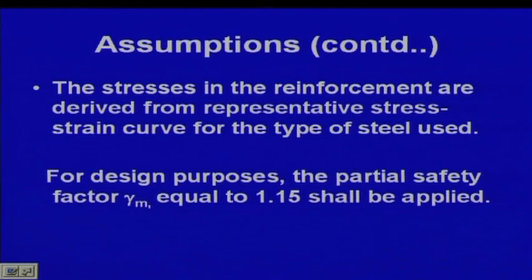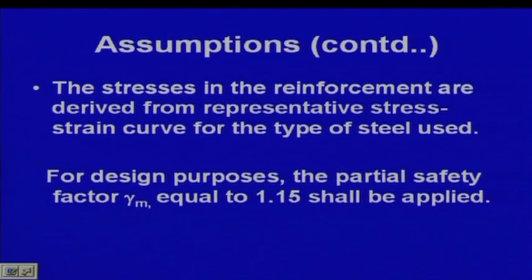The next assumption: the stresses in the reinforcement are derived from a representative stress strain curve for the type of steel used. So, the stress strain curve for steel, that also you have to consider. I shall show you a graph.